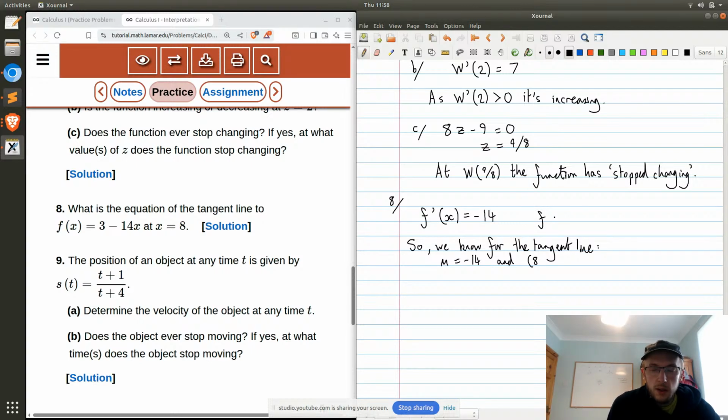Oh, right. I meant to input f of 8. So that would be 112, and 3 minus 112 is minus 109. And 8 comma minus 109 lies on it.